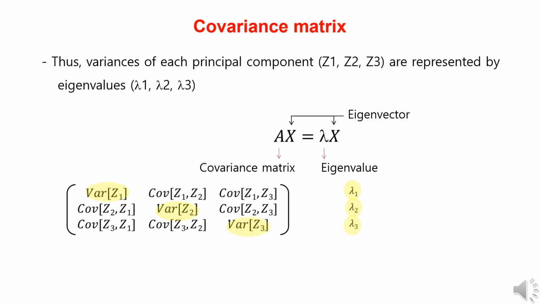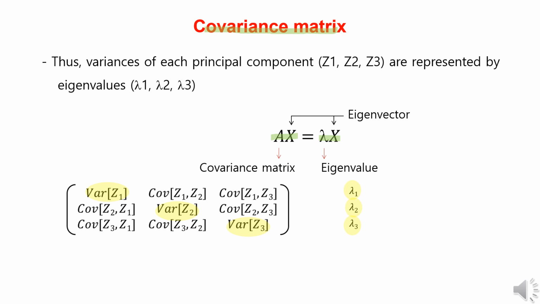Now, returning to the covariance matrix and summarizing what we've discussed, when we multiply the covariance matrix A by the eigenvector x, it is equivalent to multiplying the eigenvector by the eigenvalue lambda. In other words, the covariance matrix A acting on the eigenvector x results in the same outcome as the eigenvector scaled by the eigenvalue lambda.